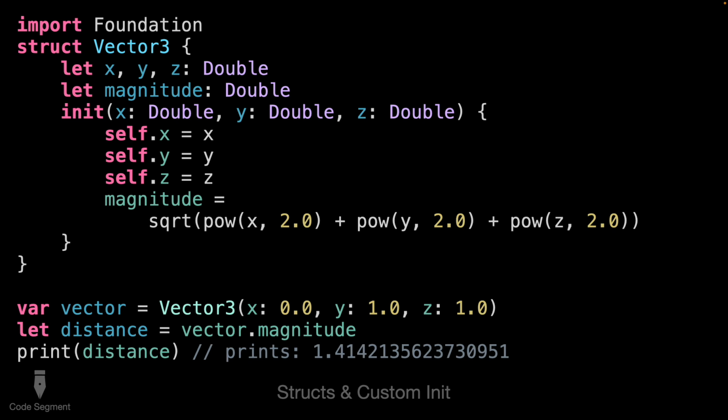x, y, and z, the exact same names as the stored properties x, y, and z, okay? So within this scope, if you end up with multiple variables or constants that have the same name, the same identifier, Swift will pick whichever one is closest in scope, right?